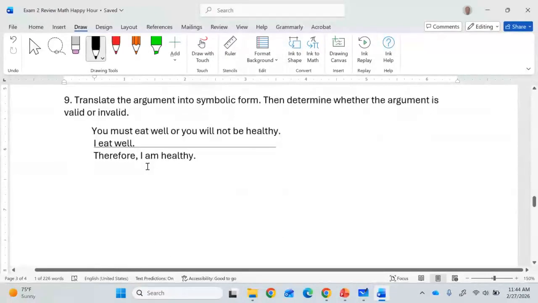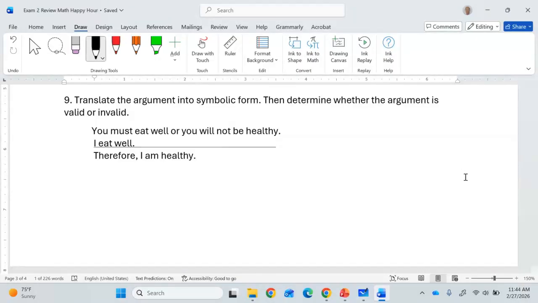Okay, so the next one is now translate the argument into symbolic form, then determine whether the argument is valid or invalid. So here you can use your own letters. I usually like to use, you could still stick with P and Q, or you could change them.